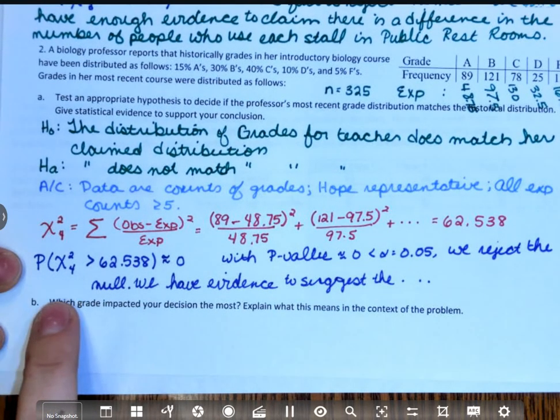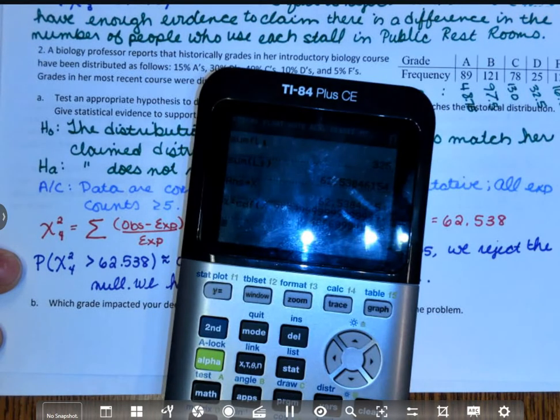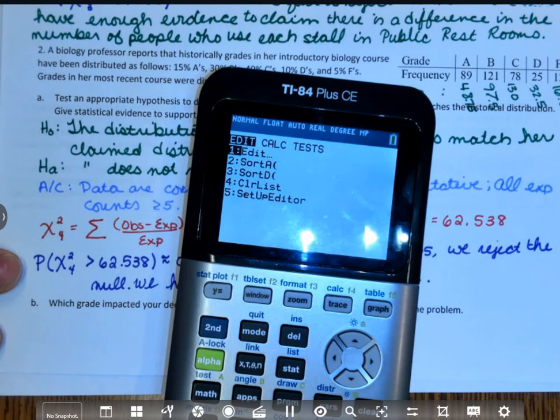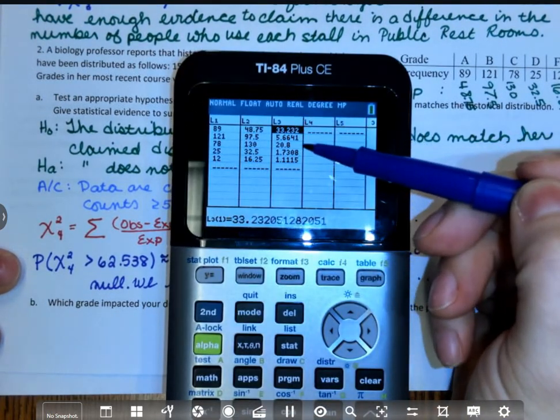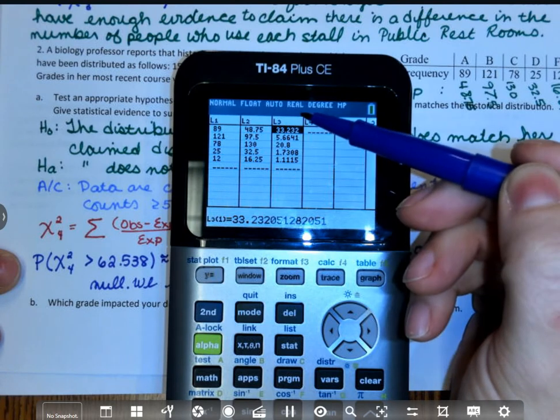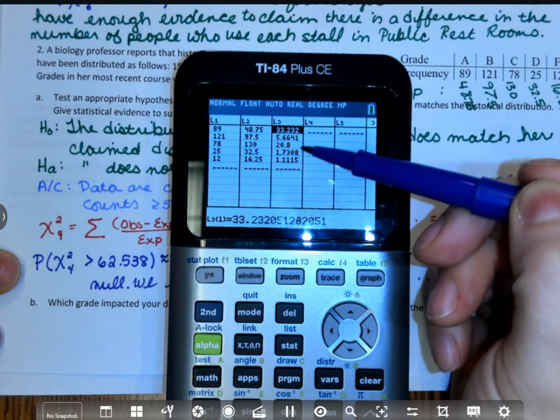Look at what B says. B said, which grade impacted your decision the most? Go back and look at your lists. Which one of the chi-squared components is the largest? What number is the biggest here?